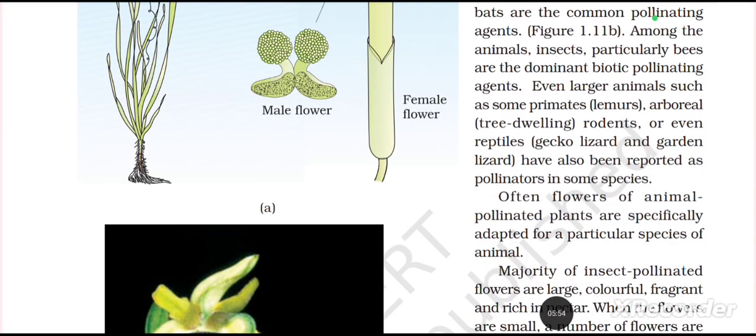Even larger animals, such as some primates, that is lemurs, arboreal, that is tree dwelling rodents, or even reptiles like gecko lizard and garden lizards, have also been reported as pollinators in some species.